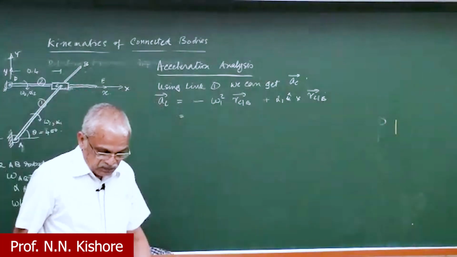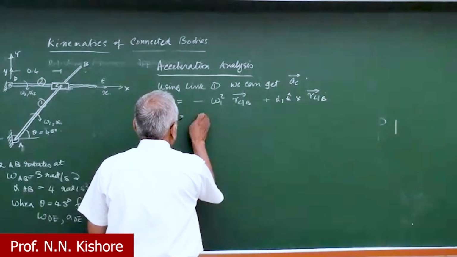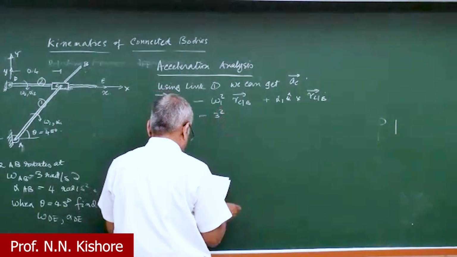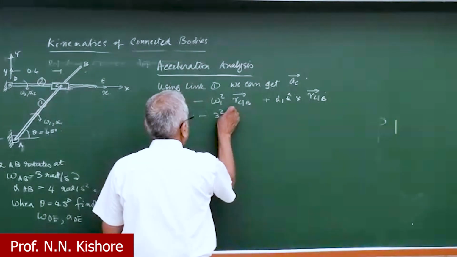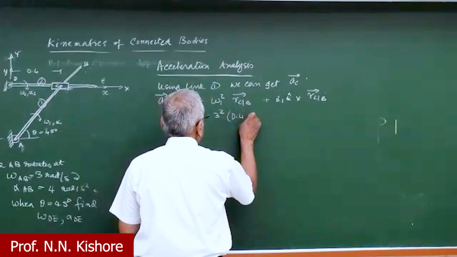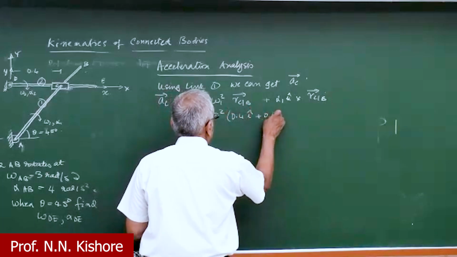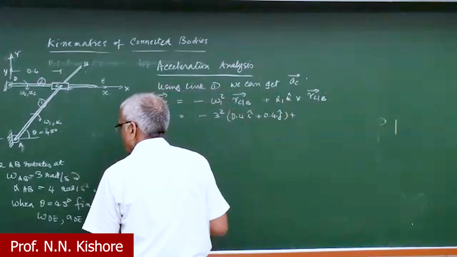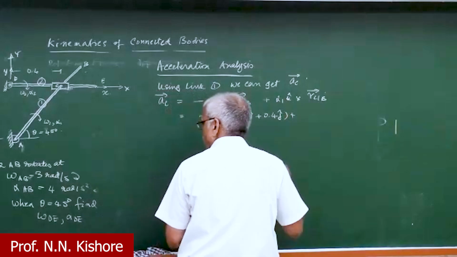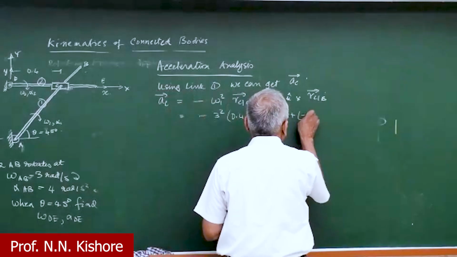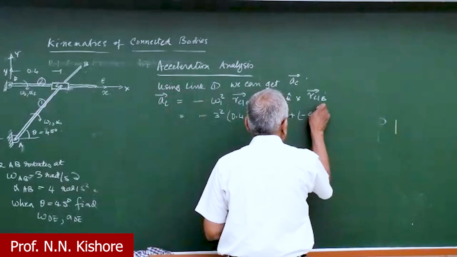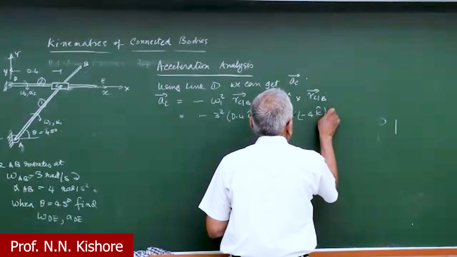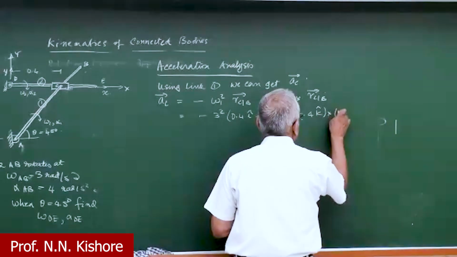So we can simplify this also. So this is minus 3 square, and this is 0.4 I, 0.4 J, and this is alpha 1, given to be 4 clockwise. So I'll put it as minus 4K cross, same thing.